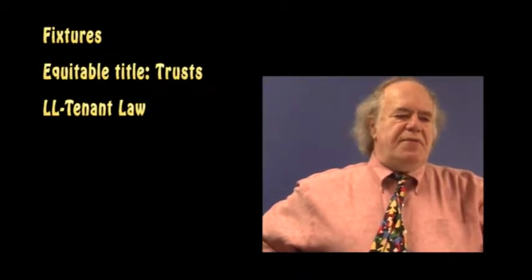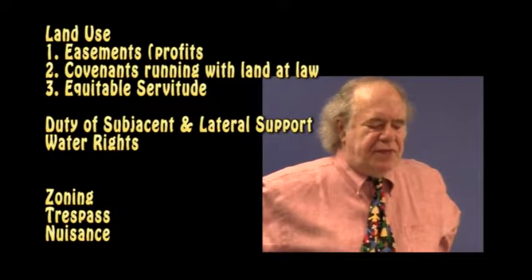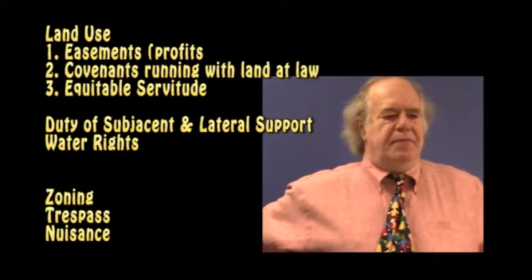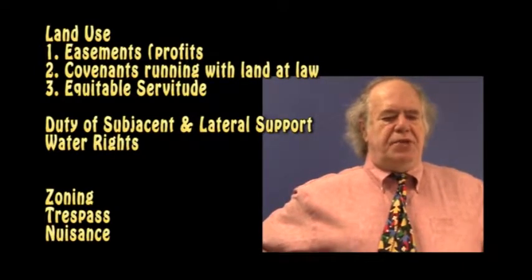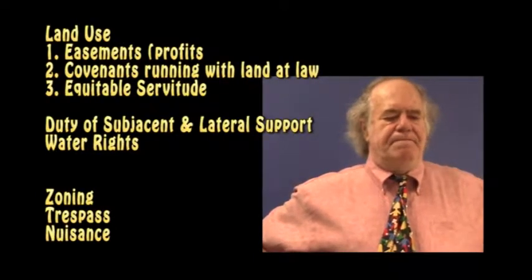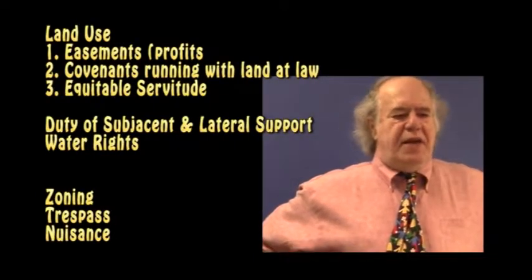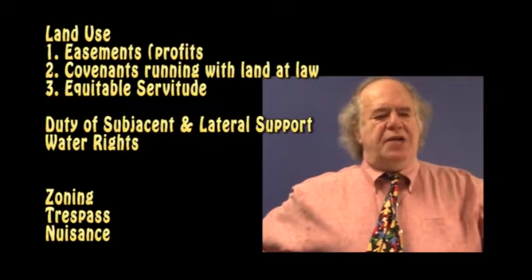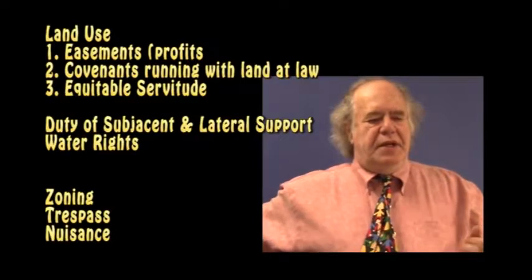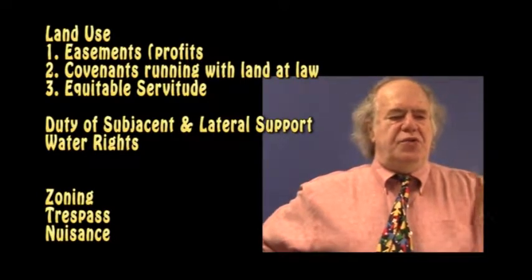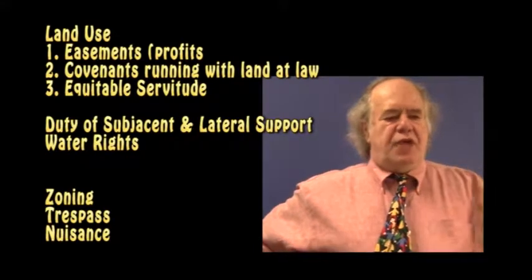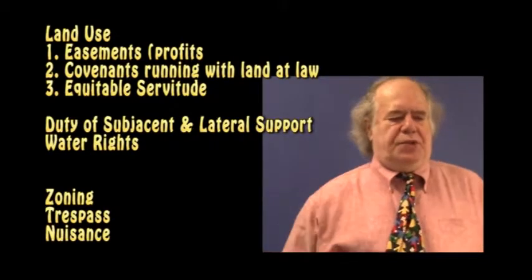We can do the same thing, we'll come back for the next level of detail shortly, when it comes to land use. As soon as you see one person making a use of another person's land or demanding that someone else not do something with their land, you have to think about land use controls. And there are private land use controls that are created privately by owners.